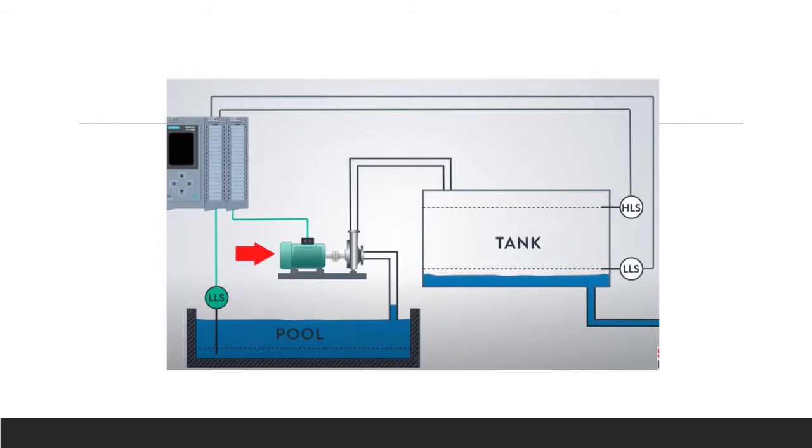In simpler English, when there's no presence of water in tank 1, the PLC will shut down or remain closed because there's no source of water to pump to tank number 2. This is basically theoretical.